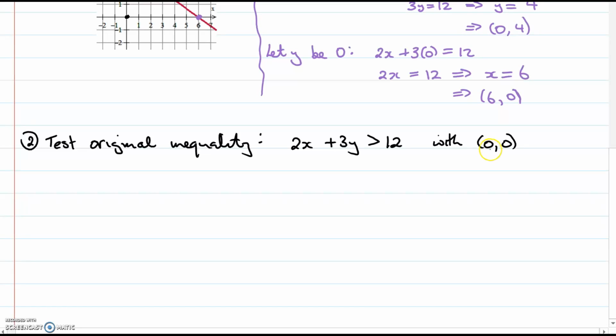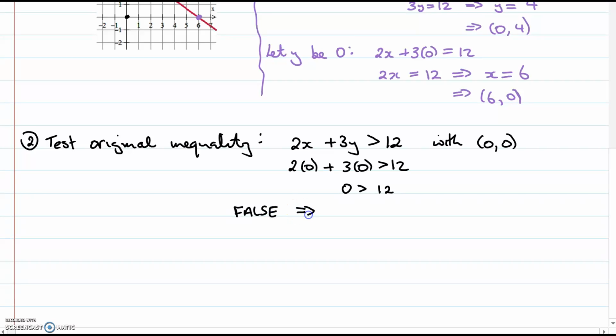If it is on the line, then use either (1, 0) or (0, 1). But anyway, it wasn't on the line in this case, so we're just going to put in 2 times 0 plus 3 times 0 is greater than 12. 2 times 0 is nothing, 3 times 0 is nothing, so that's 0 is greater than 12. Now that's obviously false.